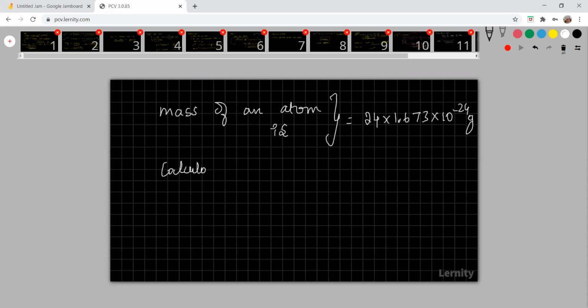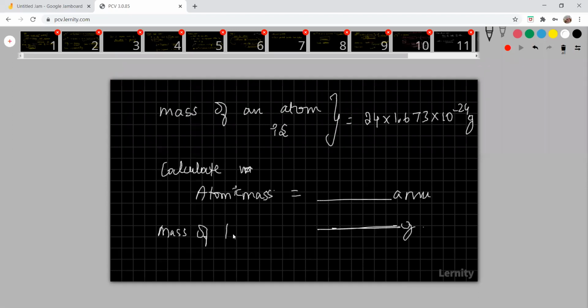Calculate the atomic mass of that atom in AMU and in grams, and the mass of 1 mole of atom in grams.